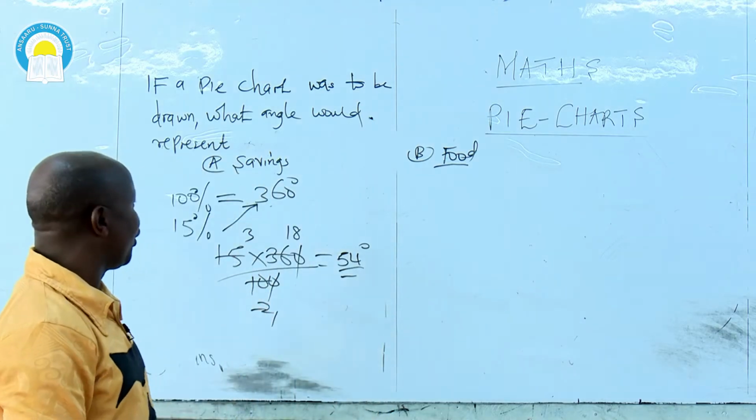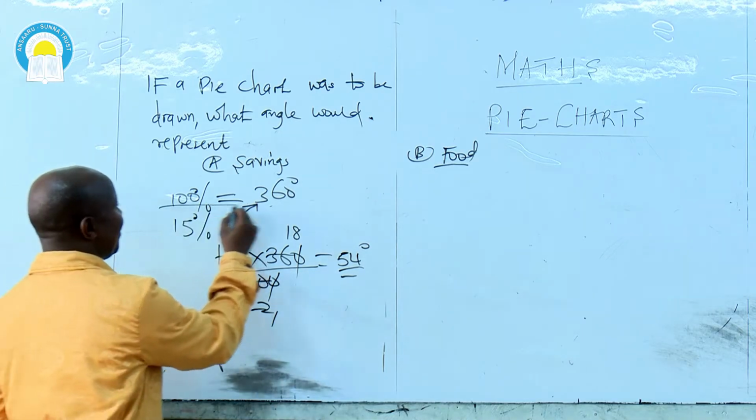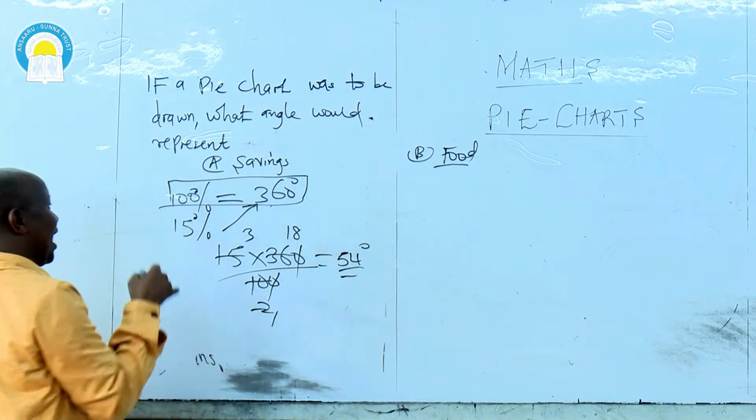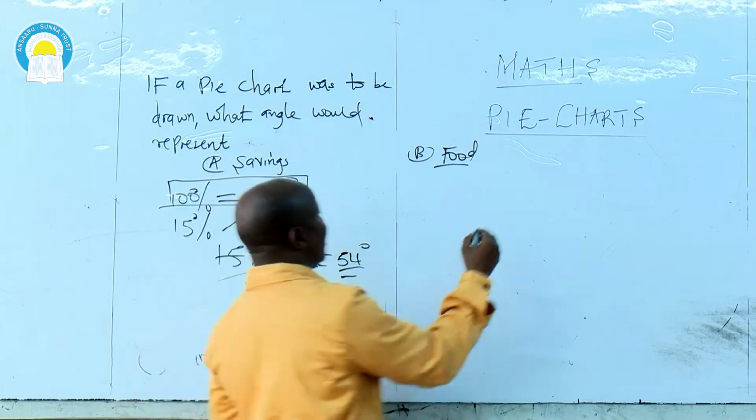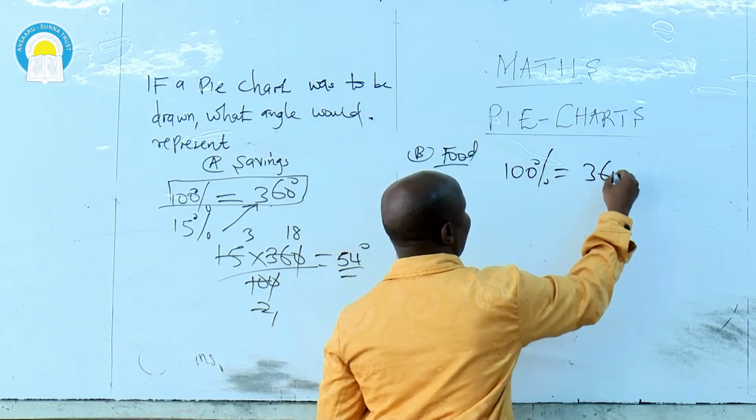Now, if food was 20%, the same as the question, you must understand the key point in each and every question. The key point is this: 100% is equivalent to 360 degrees.